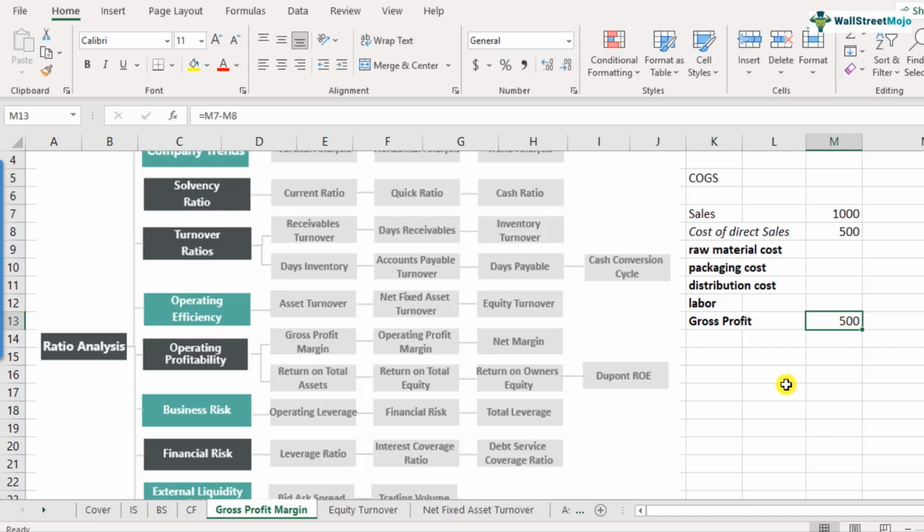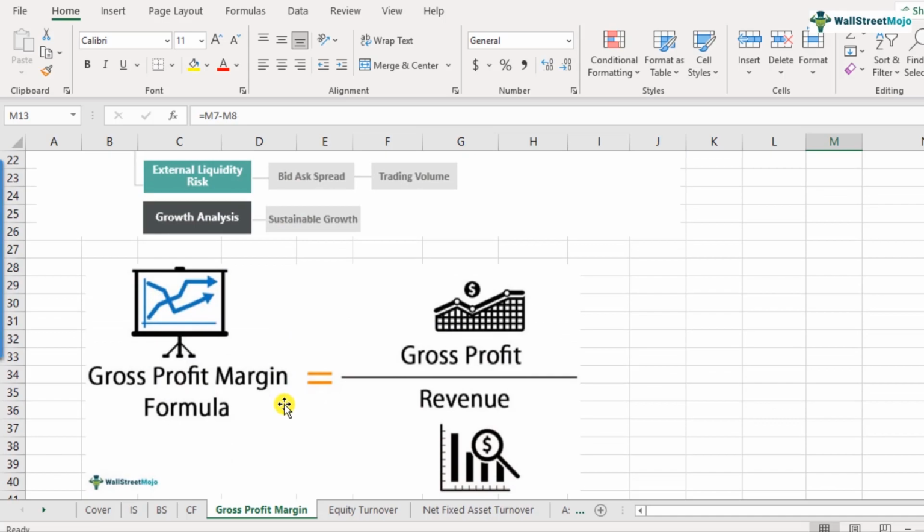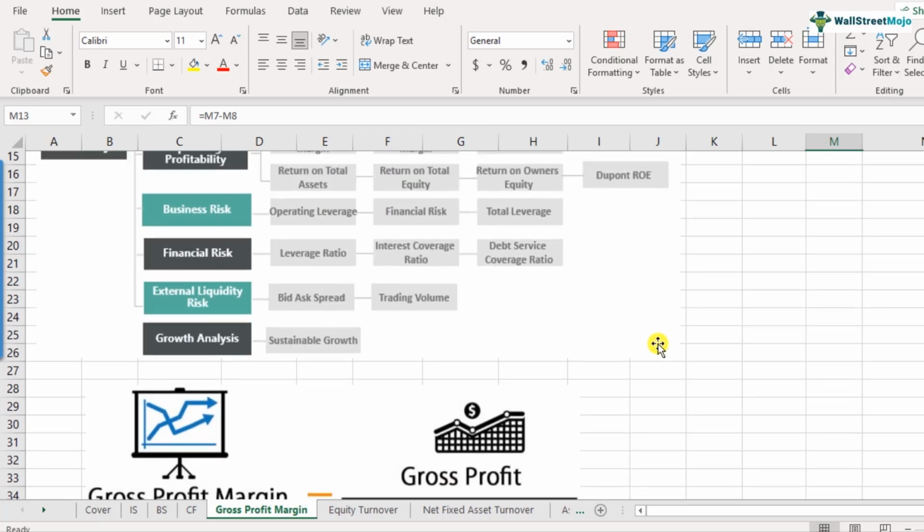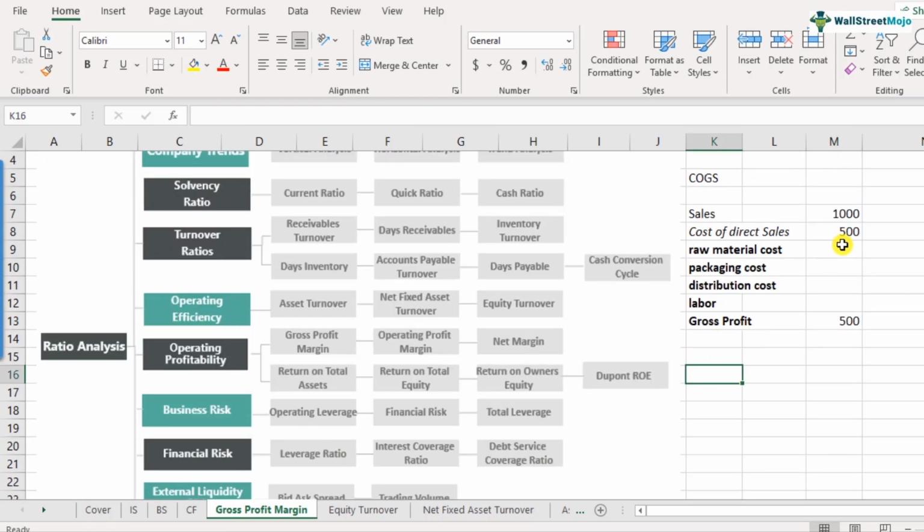Now that we know what gross profit is, the formula for gross profit margin is very, very simple. The gross profit margin formula is gross profit, the one which we calculated just above, divided by the revenues. Revenue is nothing but the sales numbers. In this case, we have sales of 1,000 and gross profit of 500.